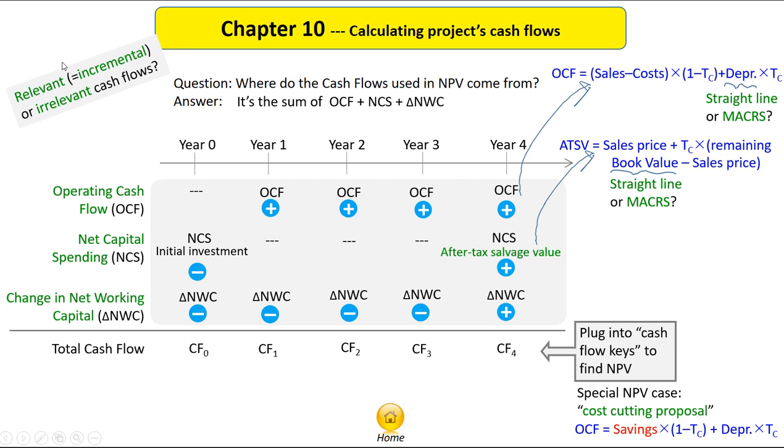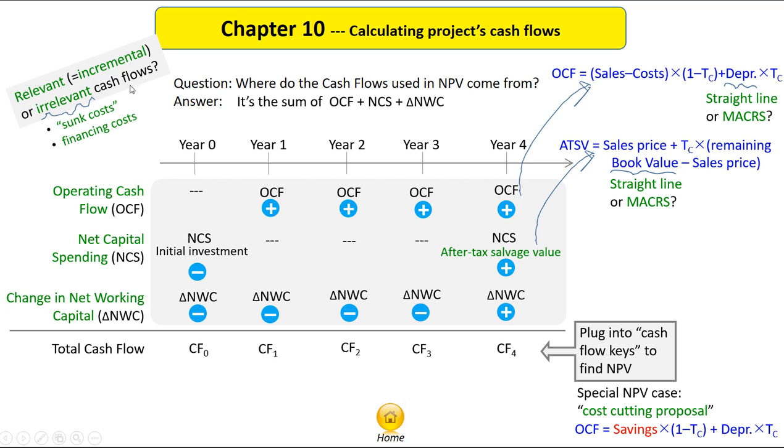Then another thing you need to understand is all the numbers, the dollar amounts, the cash flows that we group together as operating cash flow for a specific year and so on. Some of them are called irrelevant. The others are called relevant or incremental.